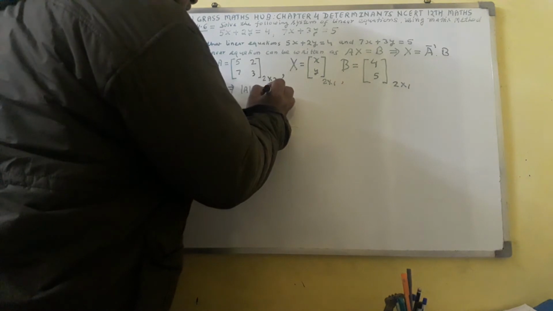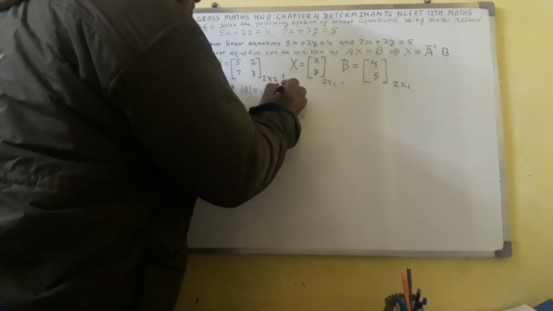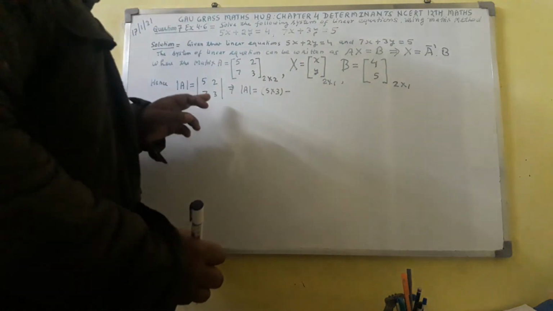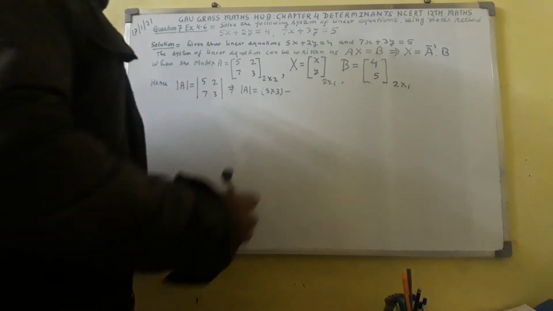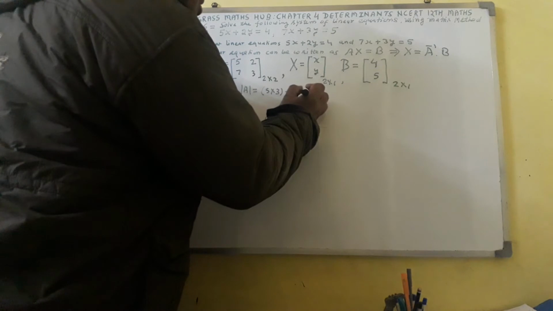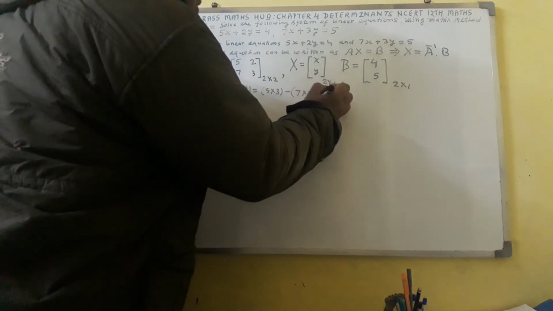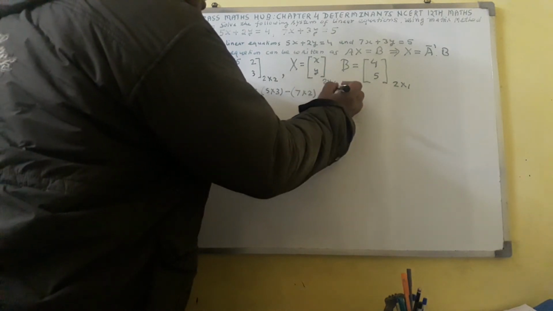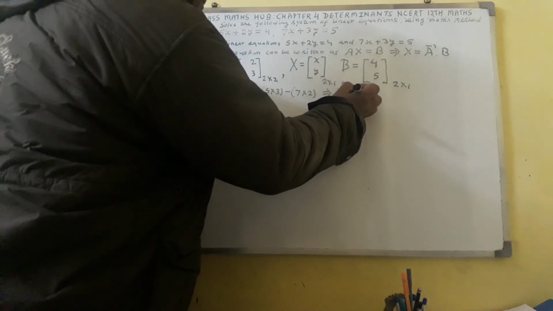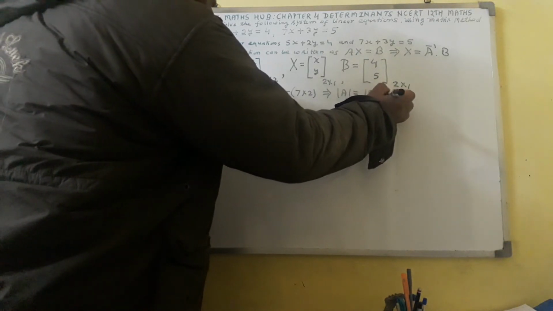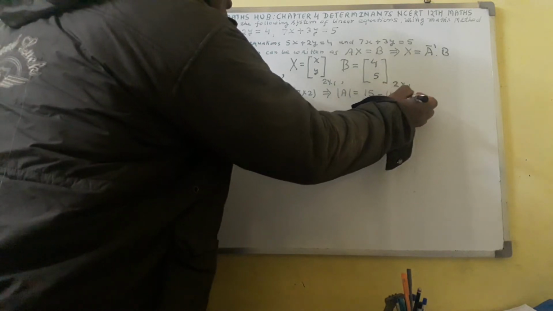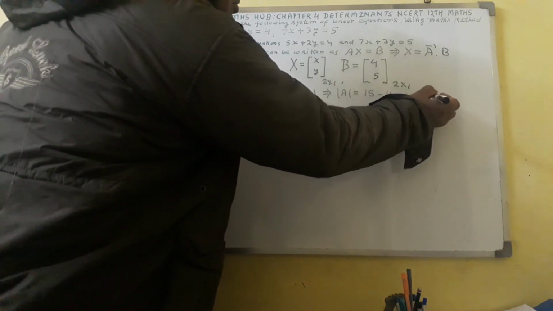So here write 5 into 3 minus, and elements of reverse diagonal 7 and 2 will multiply together. So here write 7 dot 2. It implies that det A equal to 15 minus 14. Comes out to det A equal to 1.